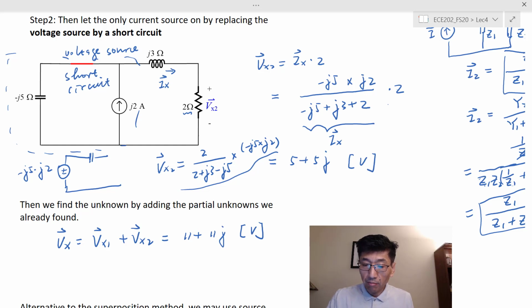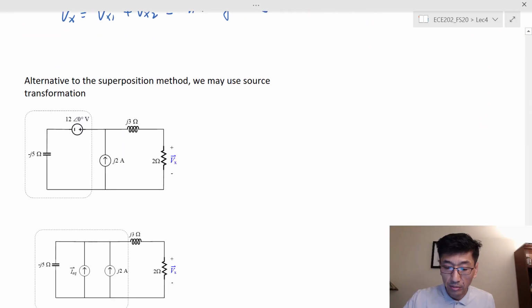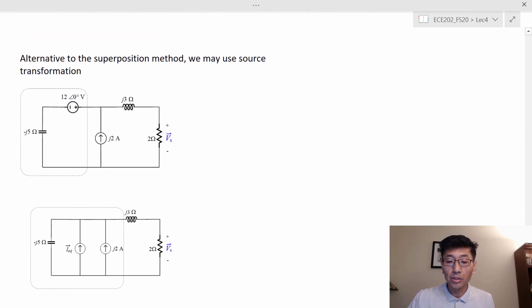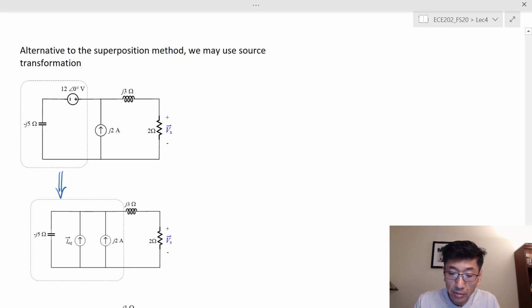Okay, very rarely can a circuit be solved by only one method. So let's look at another method of solving the same circuit without using superposition, right? I could solve this circuit by using source transformation. I first do the source transformation for these two. I pre-drew this so I save some time.